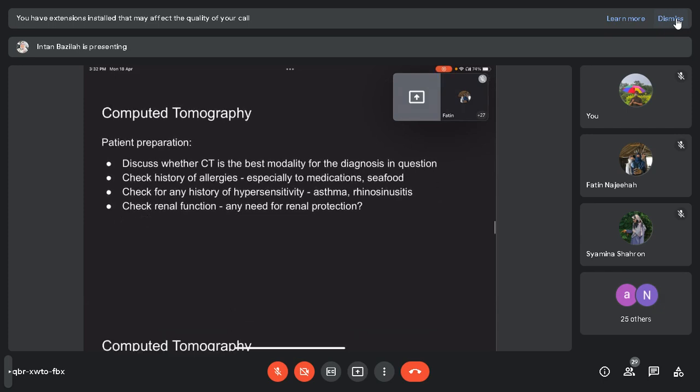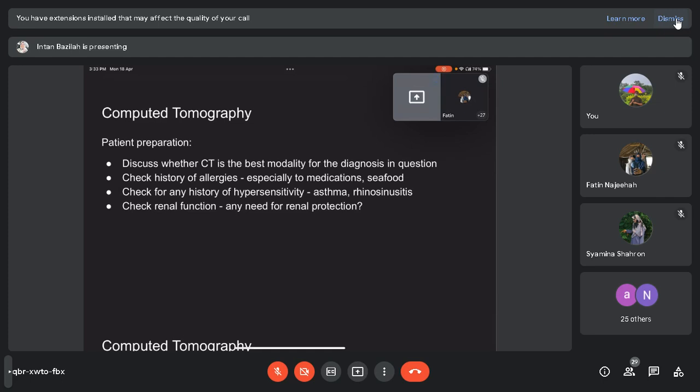Okay, so patient preparation. You need to discuss whether CT is the best modality for diagnosis in question. Check history of allergy, especially to medication and seafood. Any history of hypersensitivity, such as asthma or rhinosinusitis. So if there is, you need to properly cover with prednisolone.